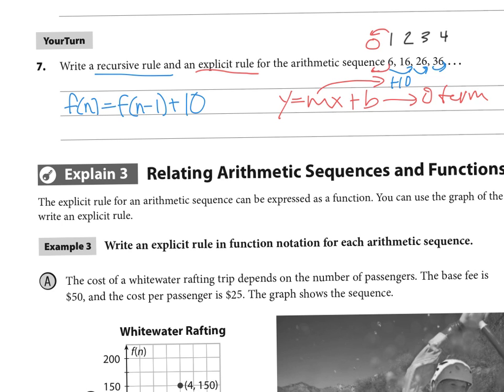So what I do here, I subtract 10. What is 6 minus 10? Negative 4. So now the function, if you do function notation, is f of n equals 10n, because I'm using n, minus 4, because my 0 term was negative 4.